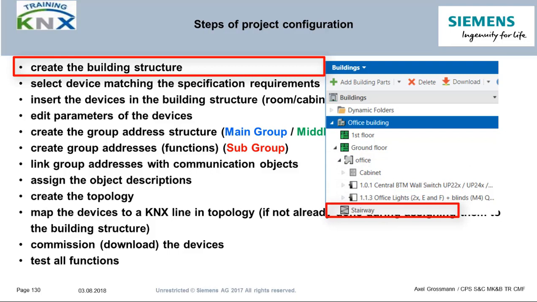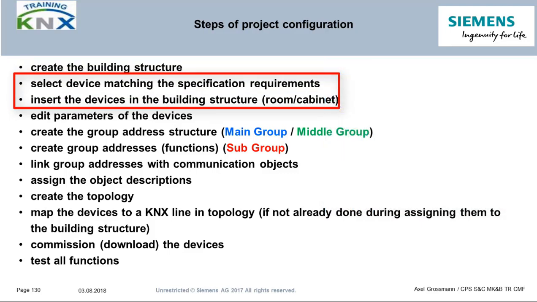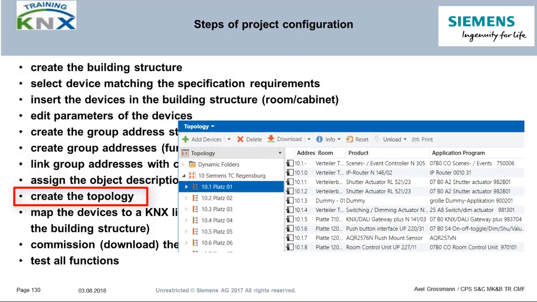Then you can fill up the building structure with the required devices, following the configuration steps as shown before. The topology also has to be established as appropriate. Please refer to the chapter Coupling of Lines to see a sample how to establish a reasonable topology in a building structure.